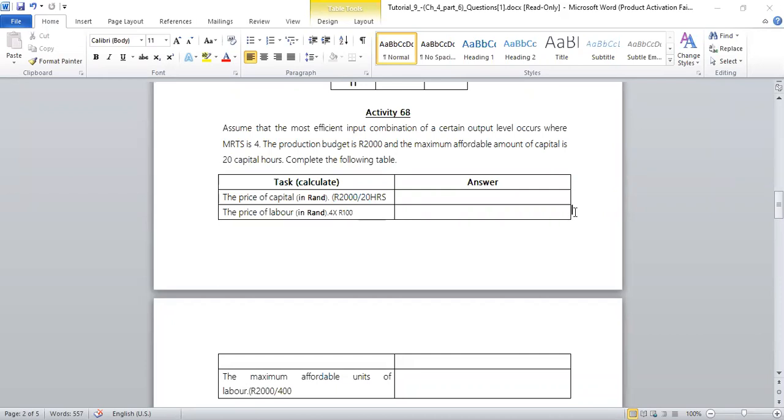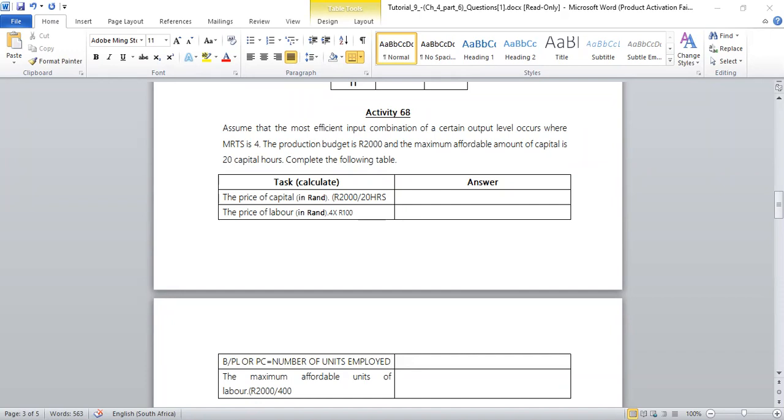If I say my budget divided by the price of labor, or the price of capital, I would get the number of units employed.